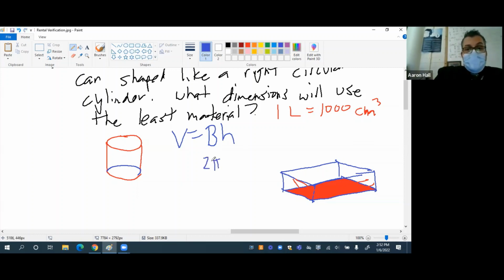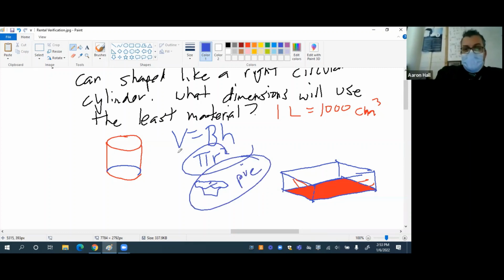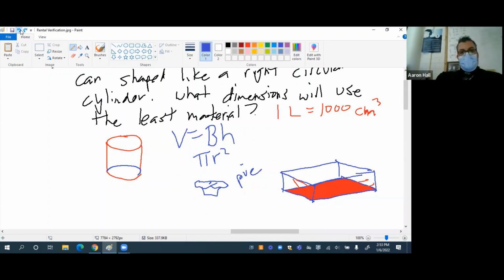Is it 2 pi r squared? It's just pi r squared. But pies aren't square, they're round. I'm just trying to help you remember this. Okay. Pi r squared times the height.